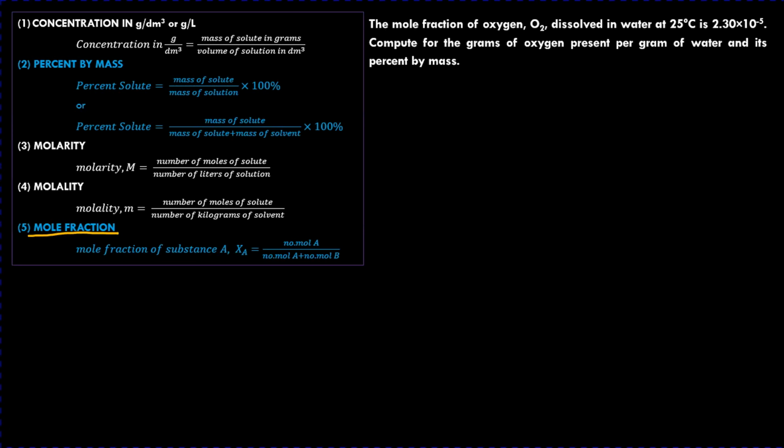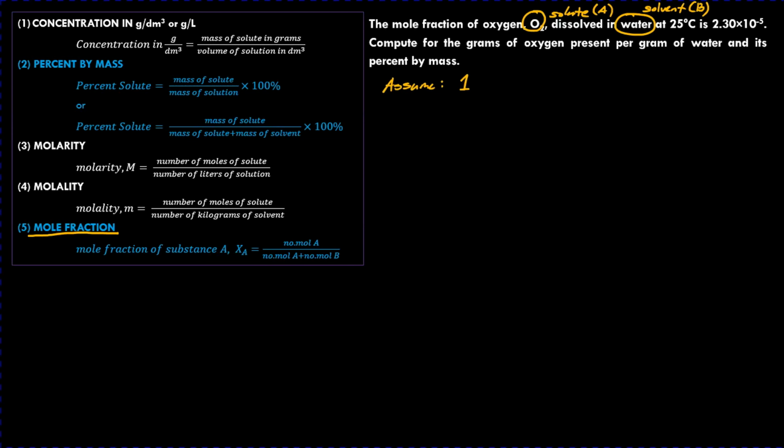So we have the mole fraction of oxygen, which is our solute. The solute here is a gas dissolved in a liquid, dissolved in water, which is our solvent. So basically our A in this equation is our solute A, and our solvent here is B. The best way to tackle this problem is to assume that the total of the solute and solvent is 1.